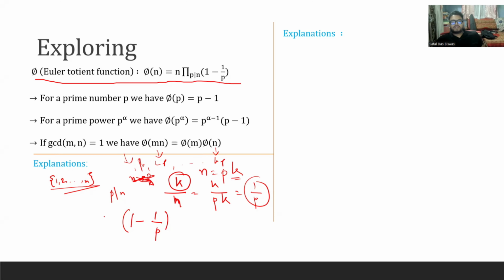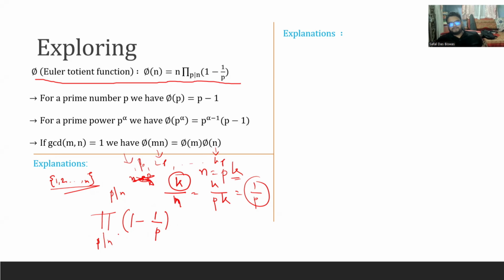So if you take this and do the product for all primes p that divide n, this gives the probability that an integer in this set is co-prime to n, right?